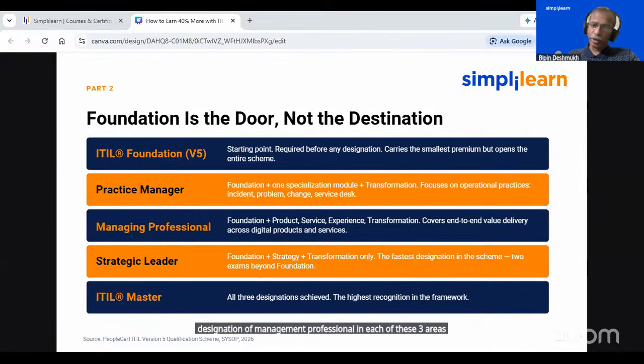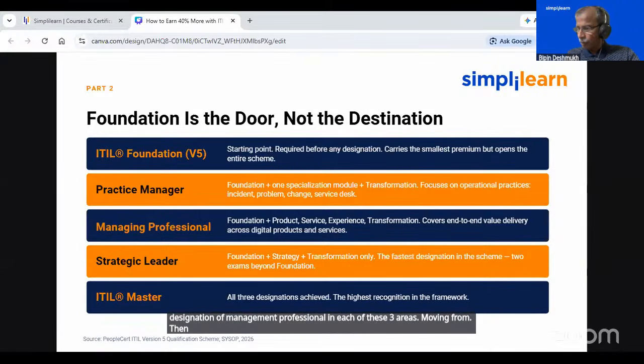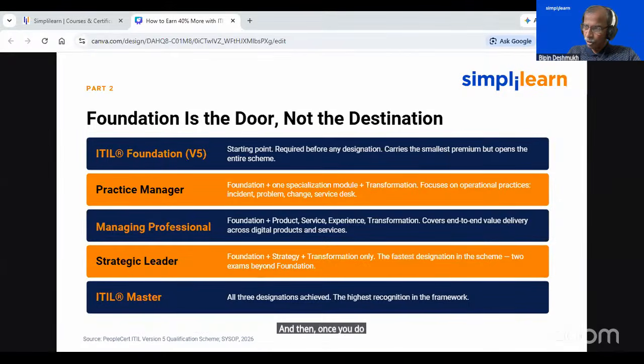Then we have one more thing, plan, improve, and control, which is a part of the ITIL strategist. If you do digital strategies and transformation, you become an ITIL strategist directly. And once you do the practice manager courses, one of the practice managers, and all three of experience, products and services, and digital IT strategy, you become part of ITIL master.